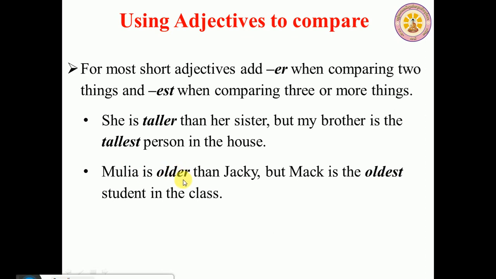We say older because old is a one-syllable adjective; we add er. And we add est in the superlative degree, so it becomes oldest.